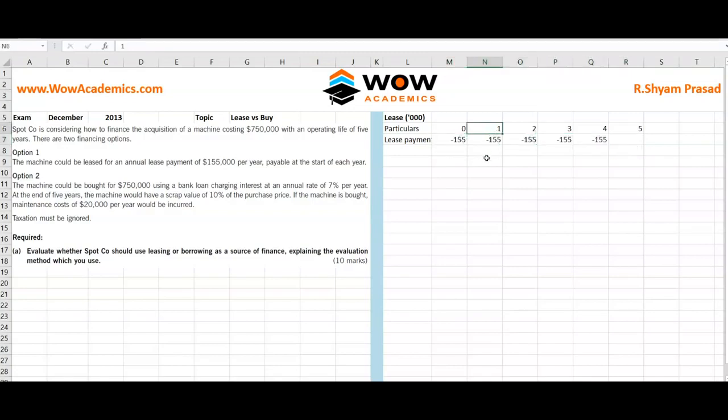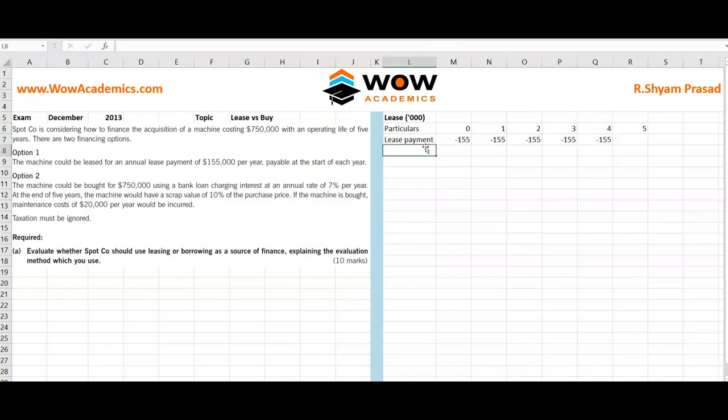So the 1 actually refers not to the end of year 1, it refers to the beginning of year 2. So this is beginning of year 1, beginning of year 2, 3, 4 and beginning of year 5. So that's how the cash flows move. So we've got our lease payment numbers. So the next is to find out the discount factor.